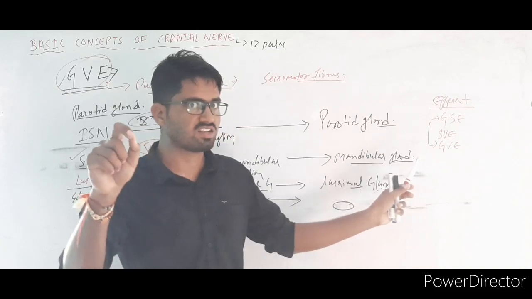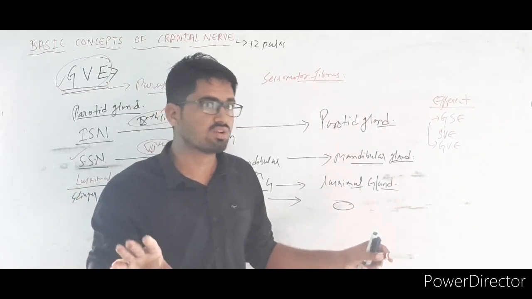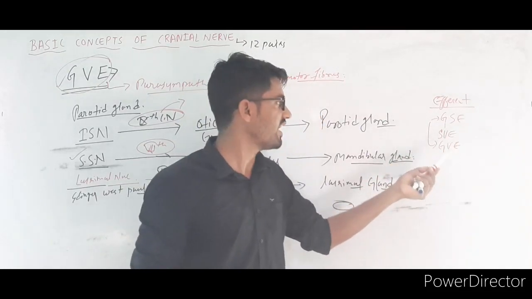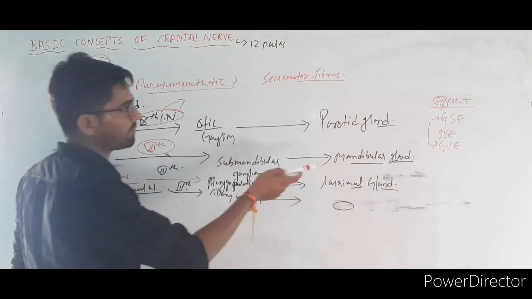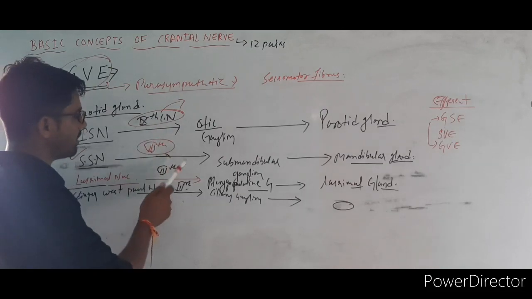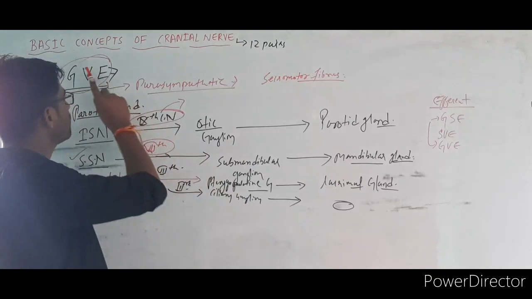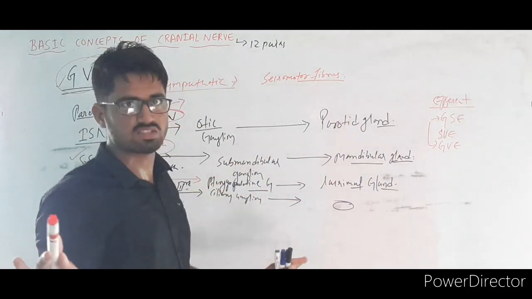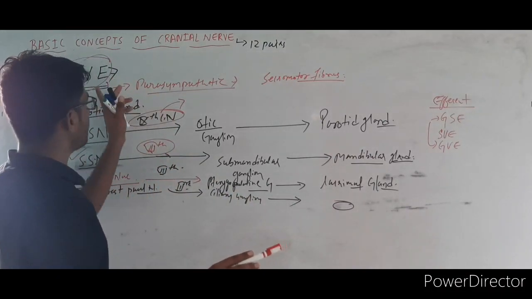The moment you think special visceral, think pharyngeal arch, so the pharyngeal arch nerves. And general visceral efferent supplies the glands and all. So the ninth, seventh, and third cranial nerves all have this, because they supply the glands and all. So we finished the efferent.